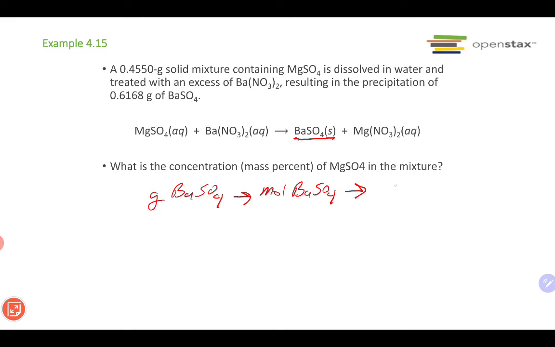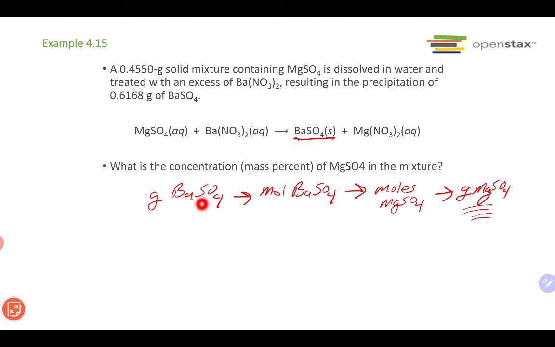And then I'm going to go to moles of the thing that I'm interested in, which in this case is the magnesium sulfate. And then back to grams of magnesium sulfate. And if I know how many grams of magnesium sulfate there were in my sample, and I know that the original mixture weighed 0.4550 grams, I can calculate the percent of that mixture that was magnesium sulfate.